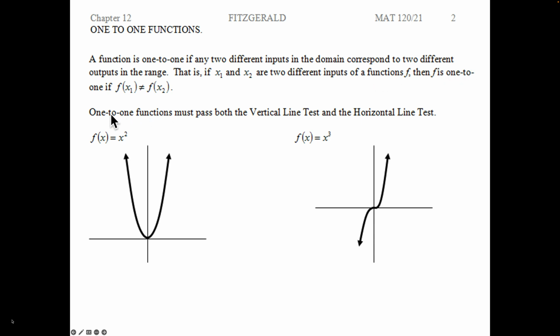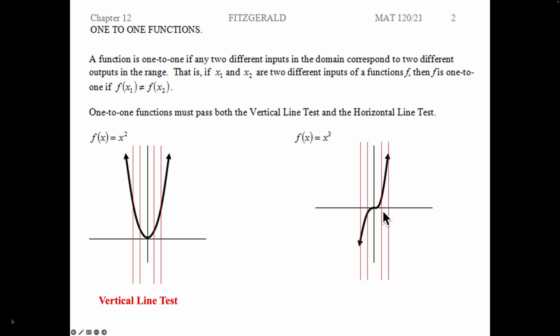All right, now, when we look at one-to-one functions as a graph, we remember there is the vertical line test. Okay, here's x squared, it's a parabola. It passes the vertical line test. Here's x cubed, passes the vertical line test. These are both functions. But in order to be a one-to-one function, now they also have to pass a horizontal line test.